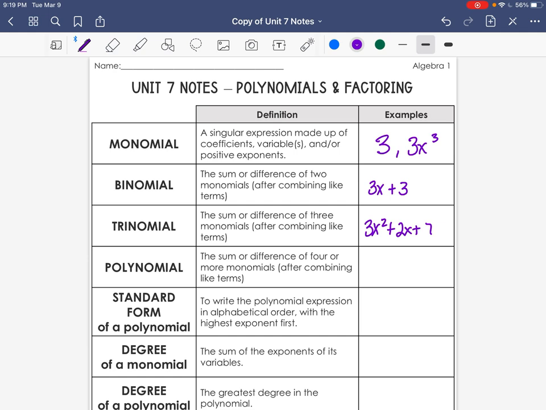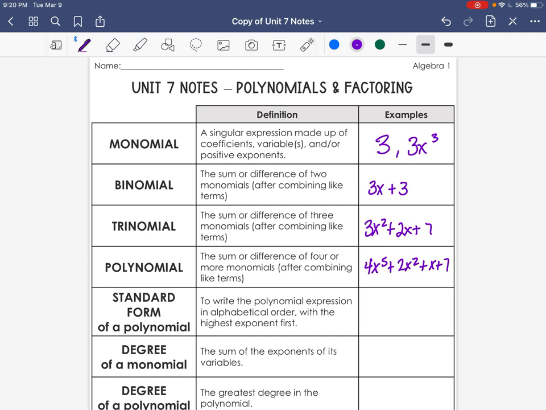So it might be 4x to the fifth plus 2x squared plus x plus 7. Something like that, where there are four distinct terms that you cannot combine in any way.